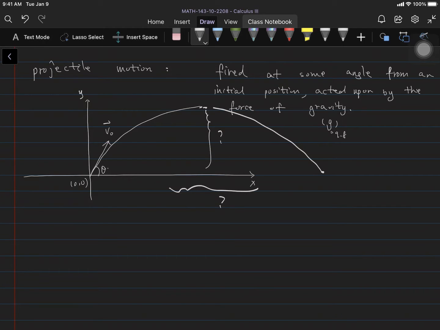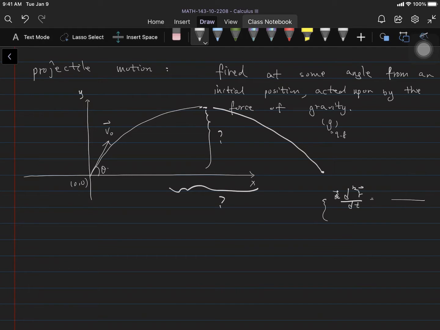So the differential equation is like what we did before. Like the one I gave you in the quiz, we know the acceleration, which is given by d squared r over dt squared, and it equals something, right?